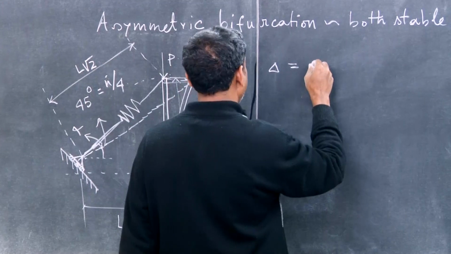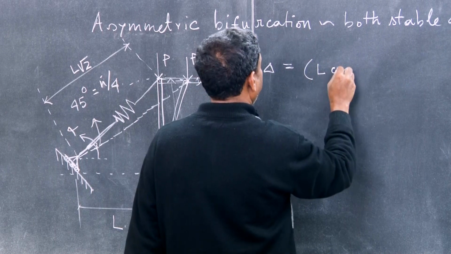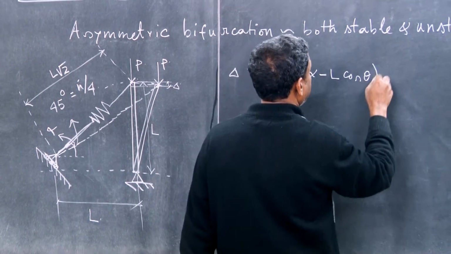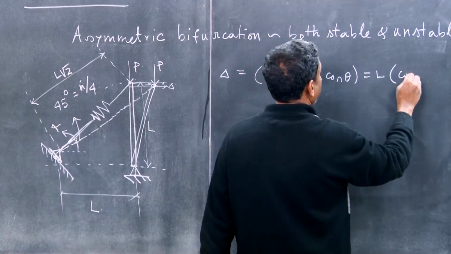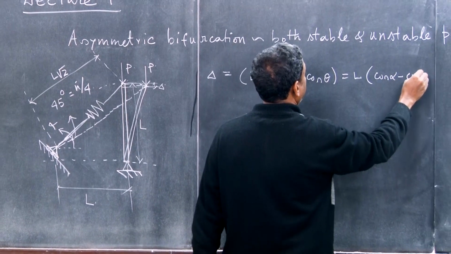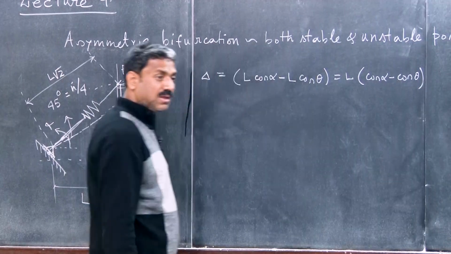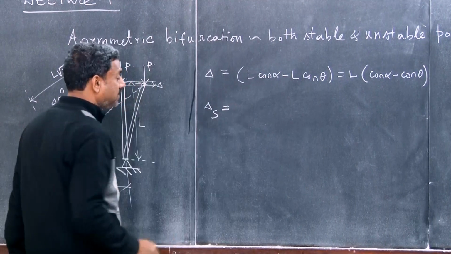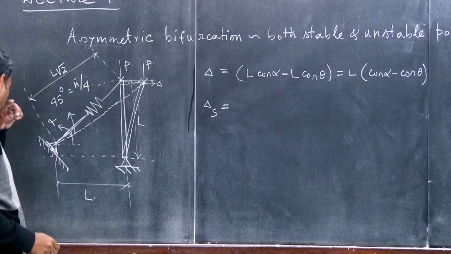The deflection will be nothing but L cosine of alpha minus L cosine of theta, right. So, L cos alpha minus cos theta under P, right. But what about the spring? The displacement in the spring will be what?